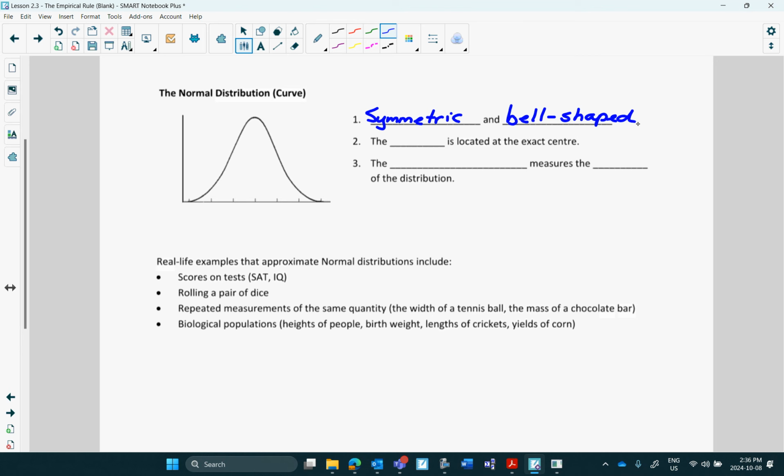So we're just going to focus on the mean at the center, and the standard deviation, which measures the spread or variability.